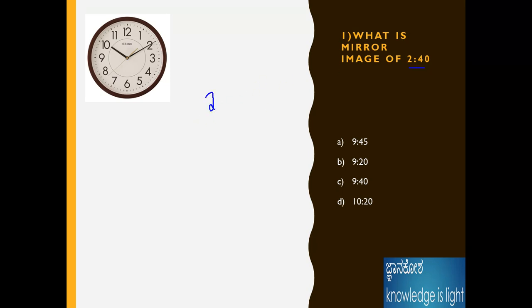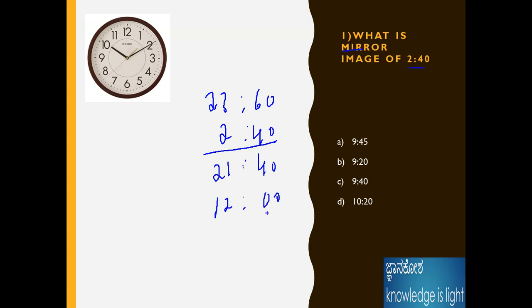For the mirror image we need to take 23:60 minus 2:40, which is 21:20. If the result comes as more than 12, we need to subtract 12 hours from it. Now it is 9:20.